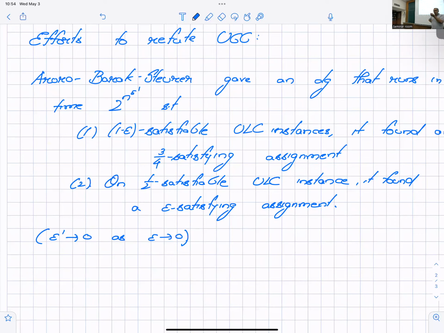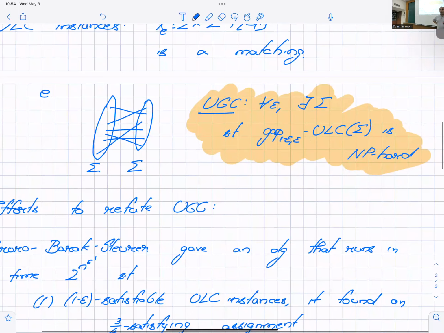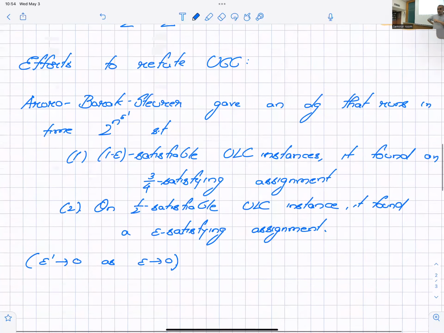The way the UGC is stated, the reduction could run in time poly in n to the 1 over epsilon, because I'm asking this for every fixed epsilon. And that doesn't refute the issue at all.